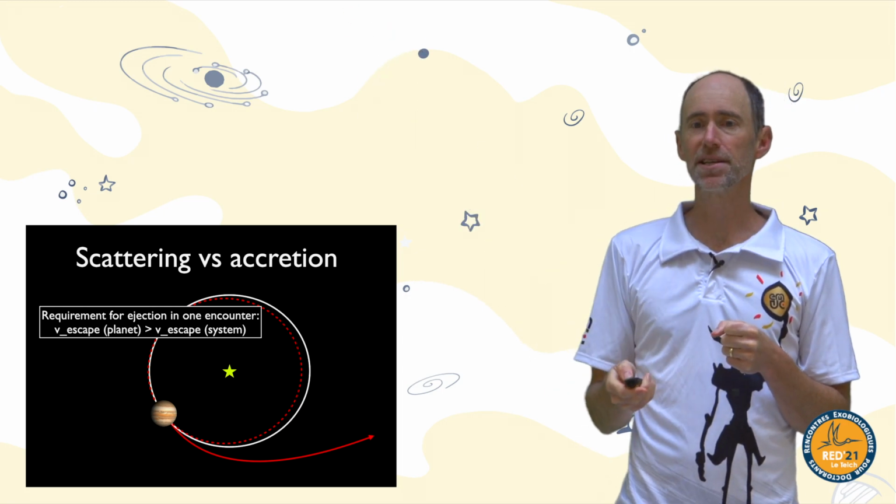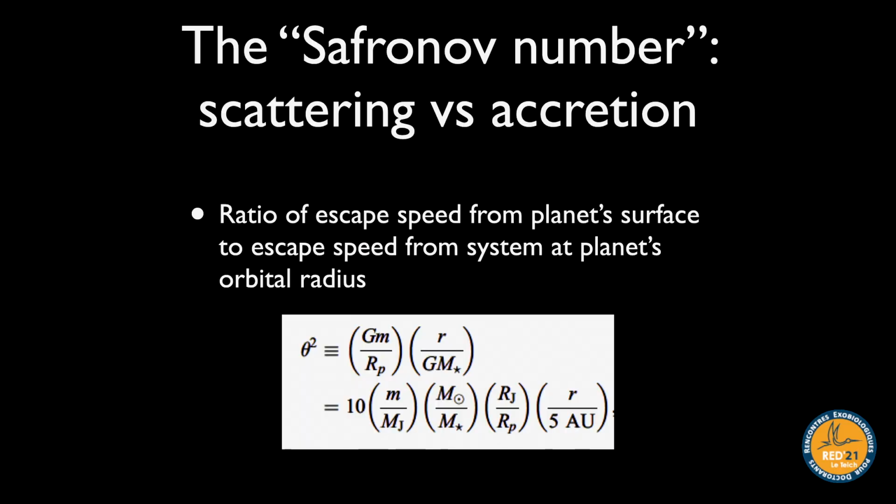If it's the opposite, if it's much less, then it can't do that, and it's very hard to eject things. And the ratio of those two quantities is sometimes called the Safronov number. And as you can see in this very simple equation, it's just the ratio of the escape speed from a planet's surface to the escape speed from the system at that distance.